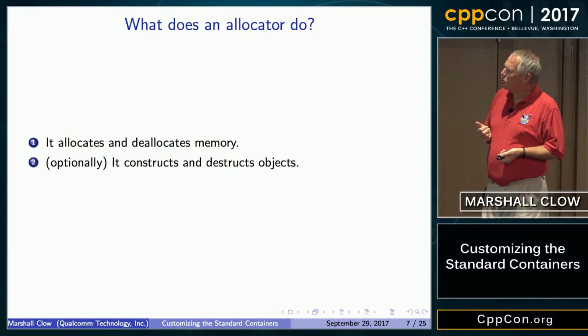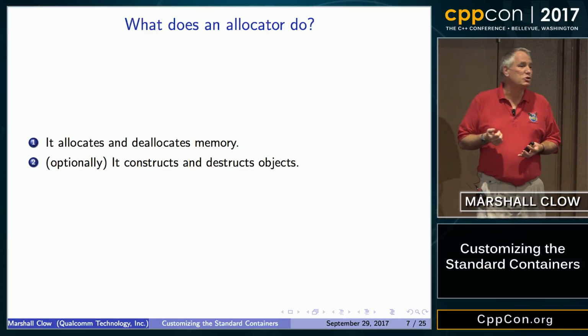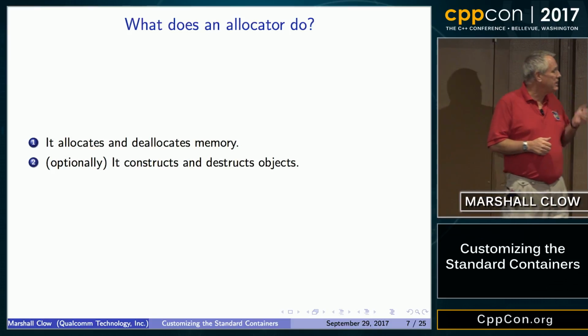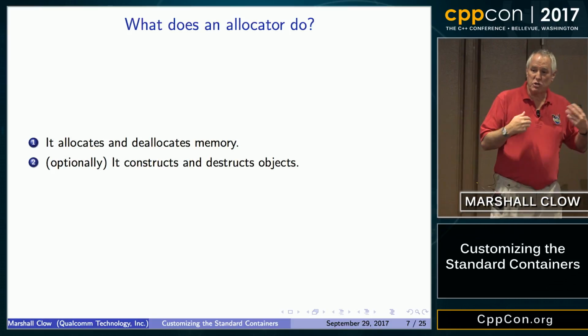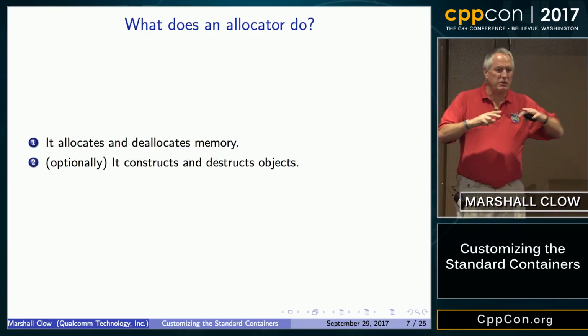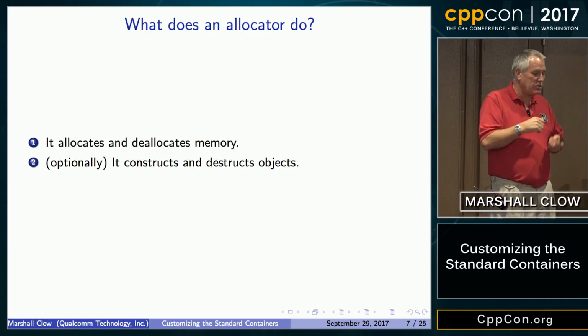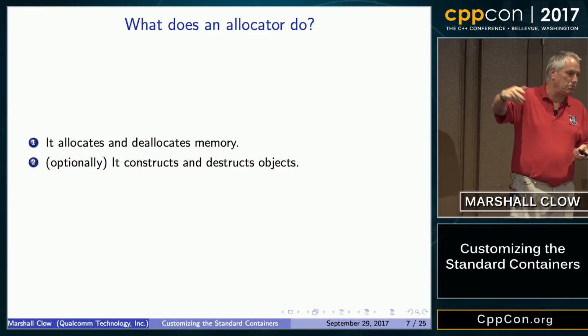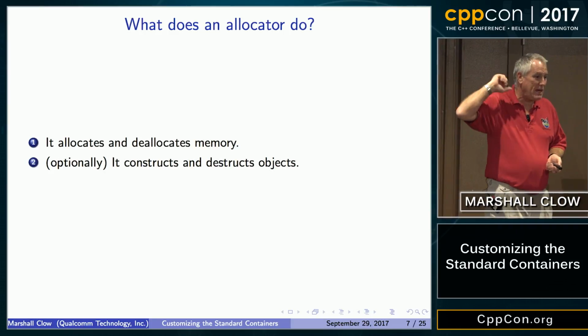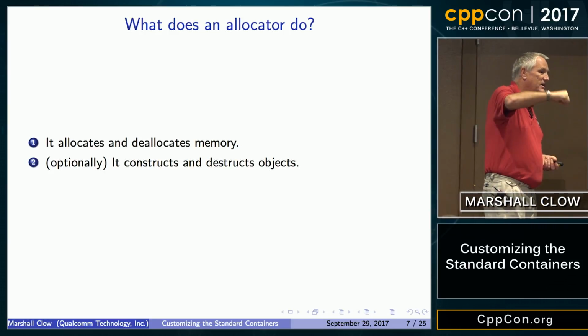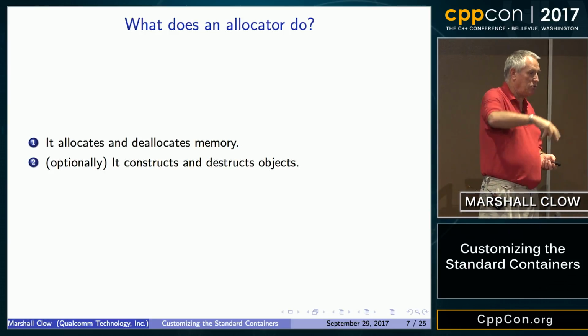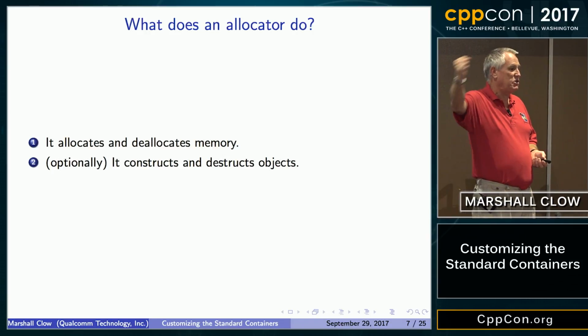But in C++ 11, 14, I don't remember which, we also added the capability to construct and destroy objects. Now notice, when you create an object on the heap and you say new int blah, right? You get back a pointer to a bunch of storage that has an already constructed int, or new foo blah, that has a constructed foo in it.